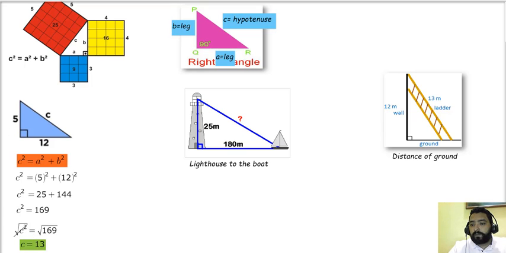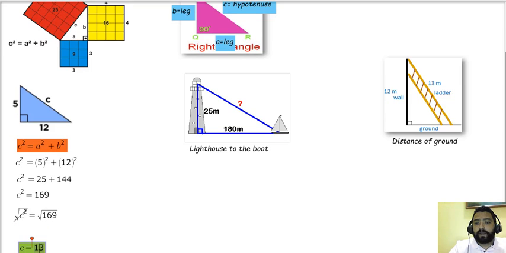Now, in the second one, we are going to try to identify what is going to be a, b, and c. Remember that you can choose, in this case I'm going to call this one b, this one a, and this one is going to be c.